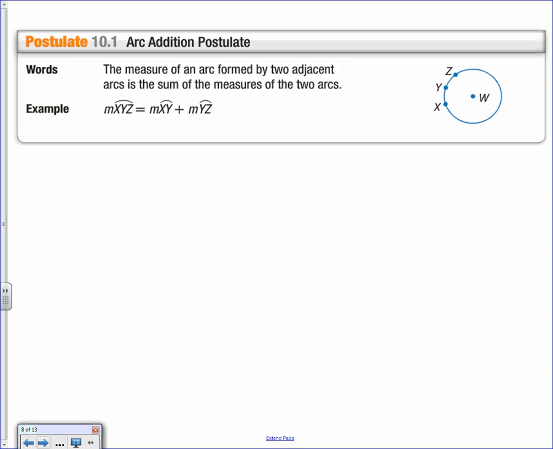Arc addition postulate. The measure of an arc formed by two adjacent arcs is the sum of the measures of the two arcs. Think that we had two postulates, angle addition and segment addition, that are basically the same thing as this, just that this is on the circle. So if we know what XY and what YZ are, to find XZ, we're just adding the two together.